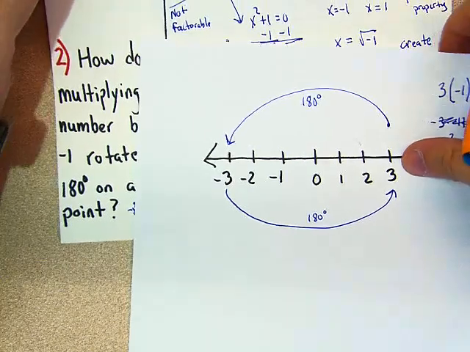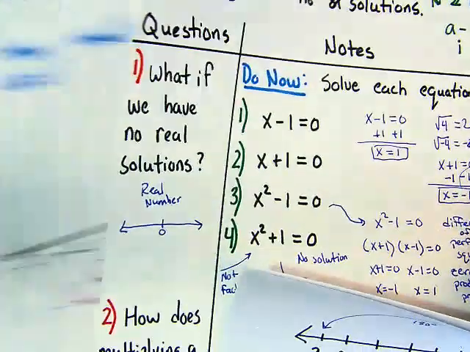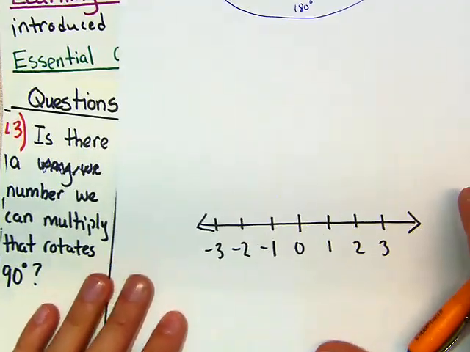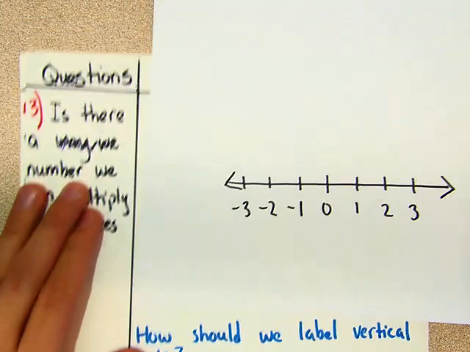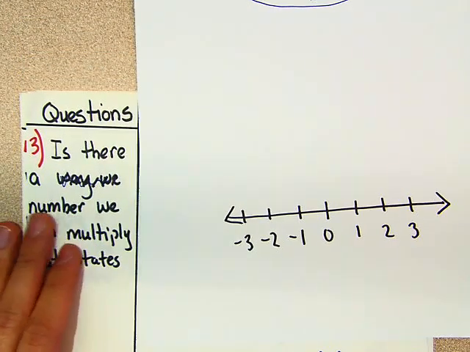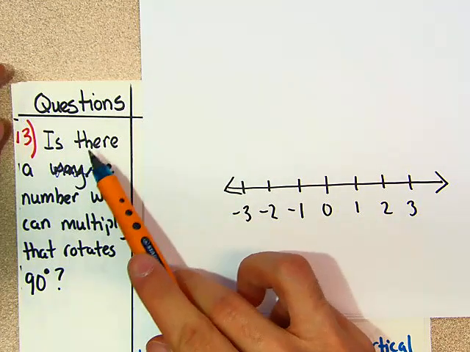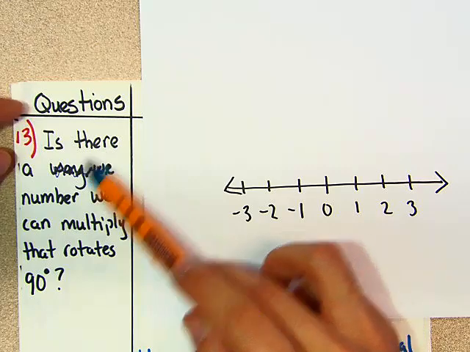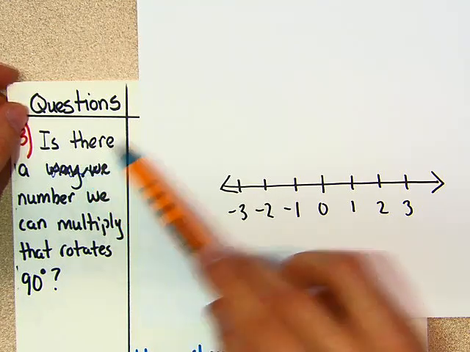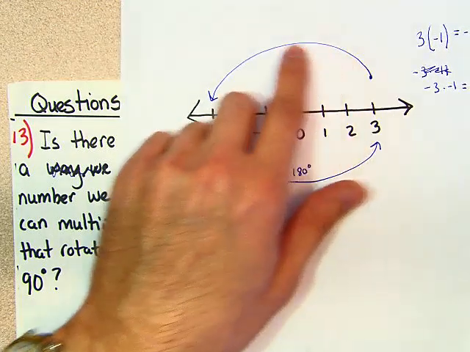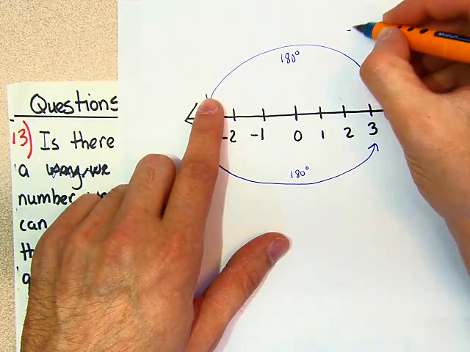But the next question we have to ask ourselves is, let me get the camera angle better, my bad. Okay, this is a little better. Now, this is probably the most important question of the lesson. Here we showed what it means to go 180 degrees: you multiply by -1.